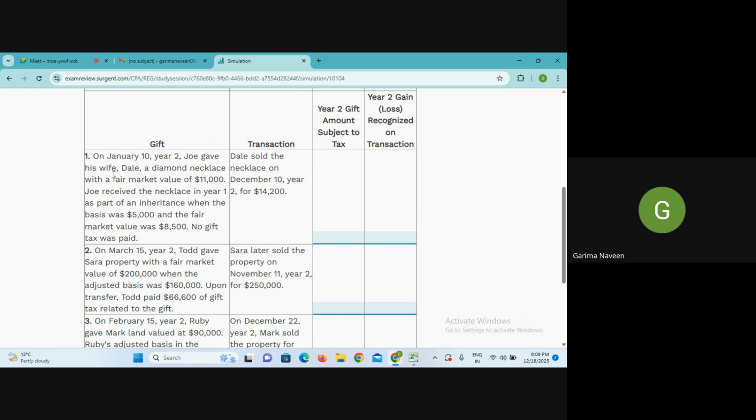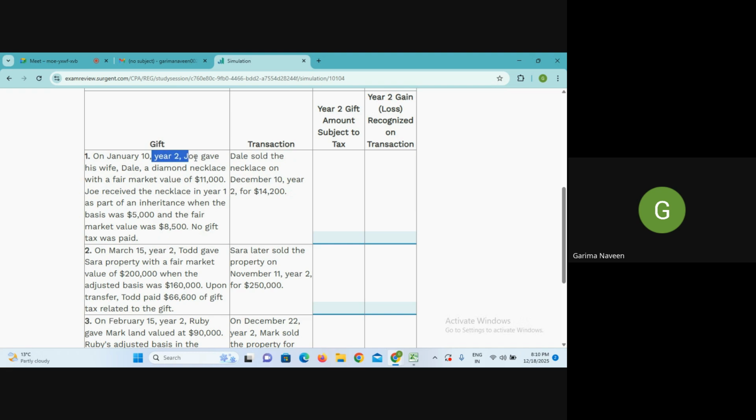So he basically received this necklace in inheritance when the fair market value was $8,500 and basis was $5,000. So no gift tax was paid. Next, his wife sold the necklace on December 10, year 2 for 14,200. Then what will you think? How much gift will be subjected to tax in year 2?